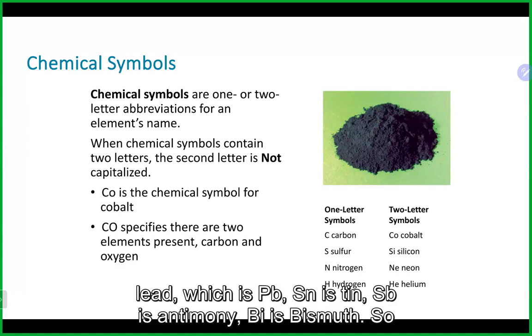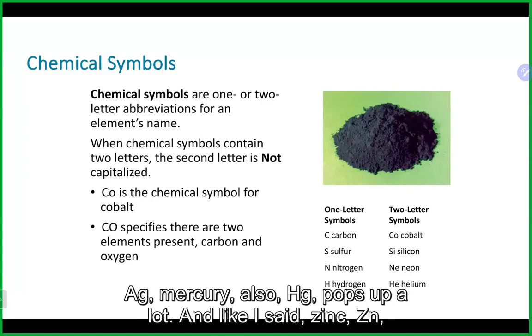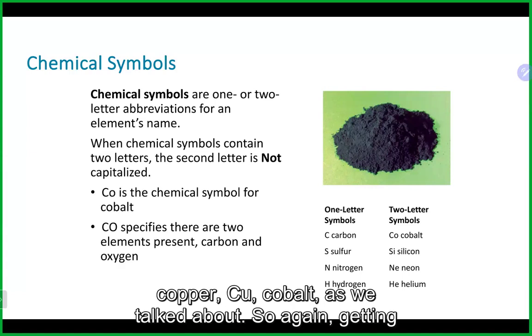Sb is antimony. Bi is bismuth. Those pop up. And over here as well, gold, Au, silver, Ag. Mercury, Hg, also pops up a lot. And like I said, zinc, Zn, copper, Cu, cobalt, as we talked about.